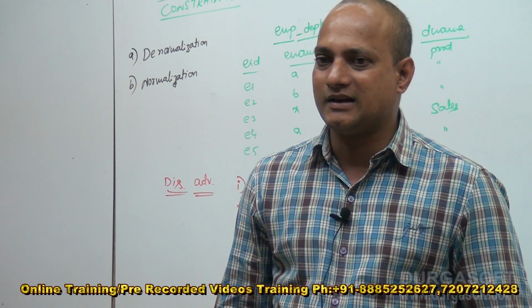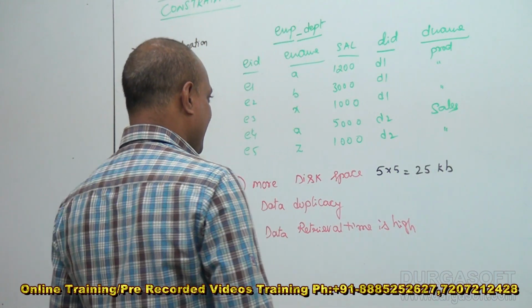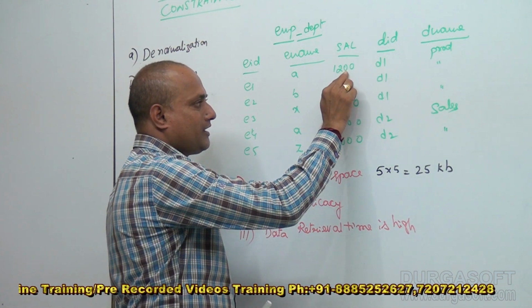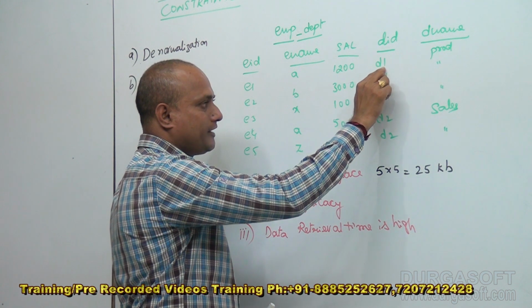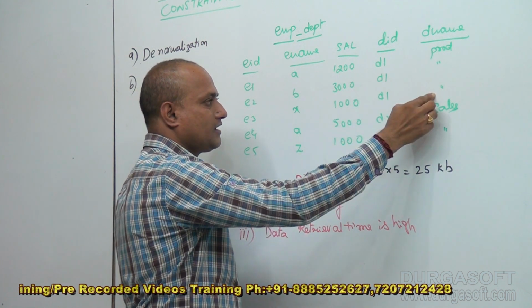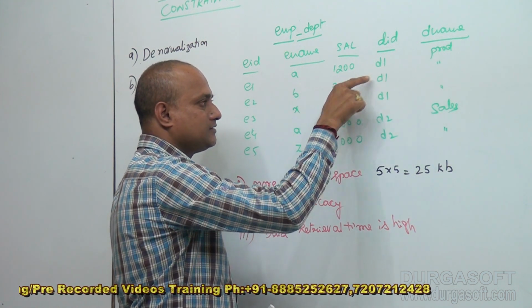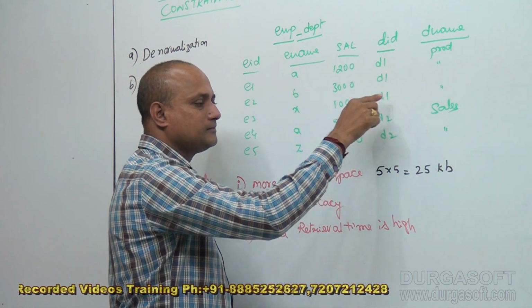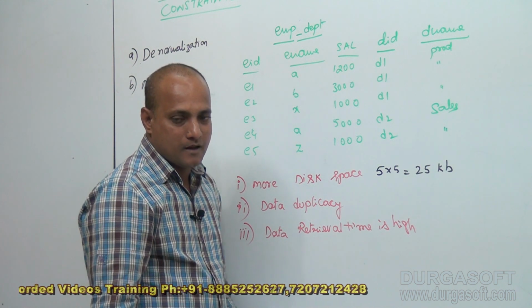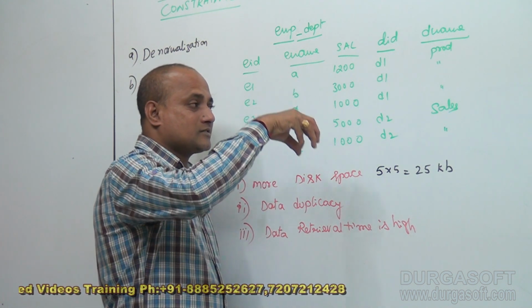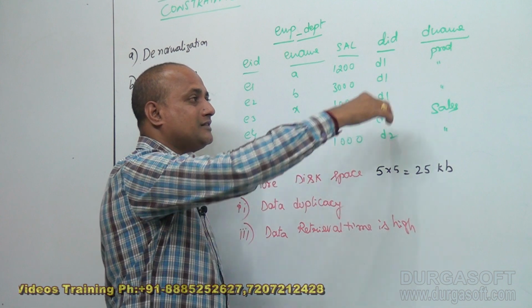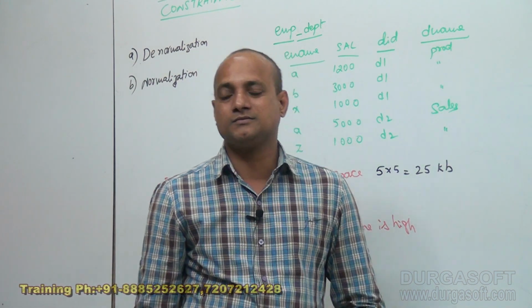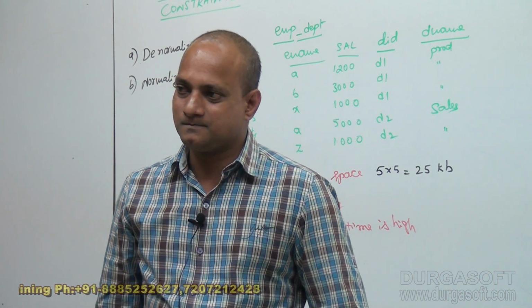For each of them you need to maintain this record, so 6,000 times you maintain the same production department information.